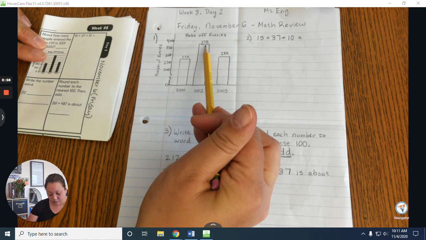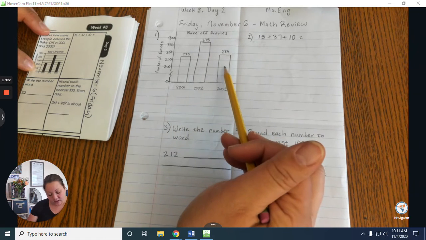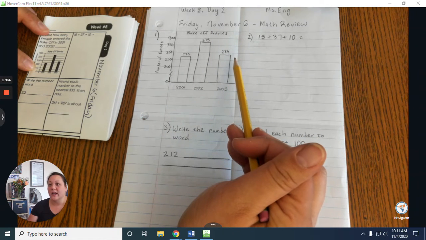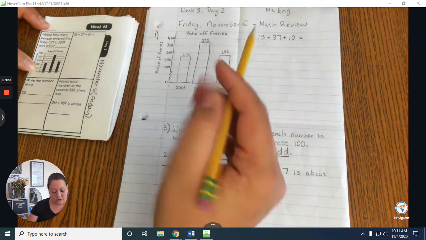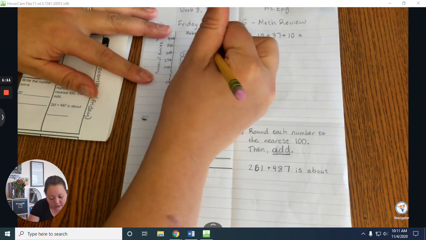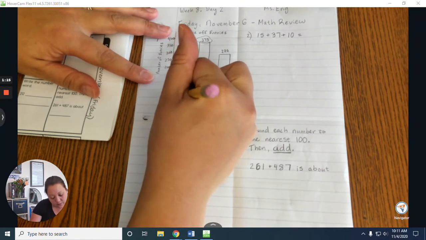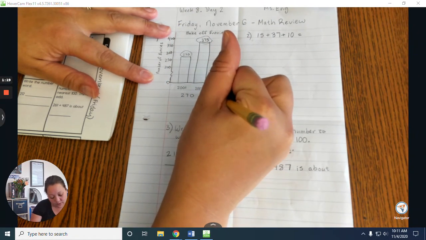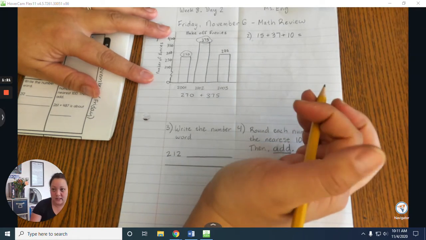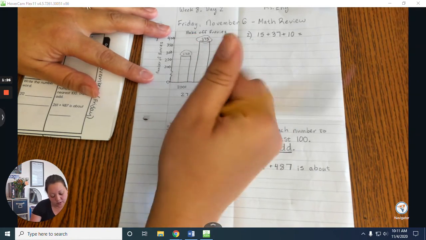In 2002 there were about 375, and in 2003 there were about 280. So the question is asking about 2001 and 2002. So these are the two values we need to look at. So 270 plus 375.